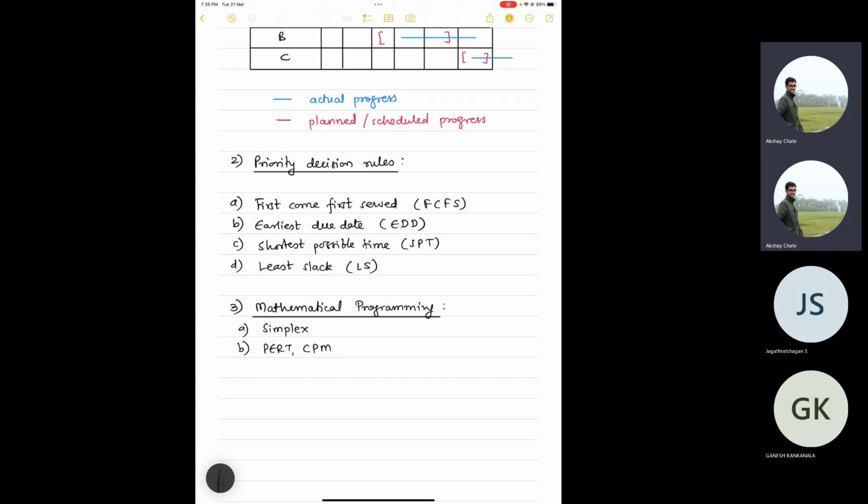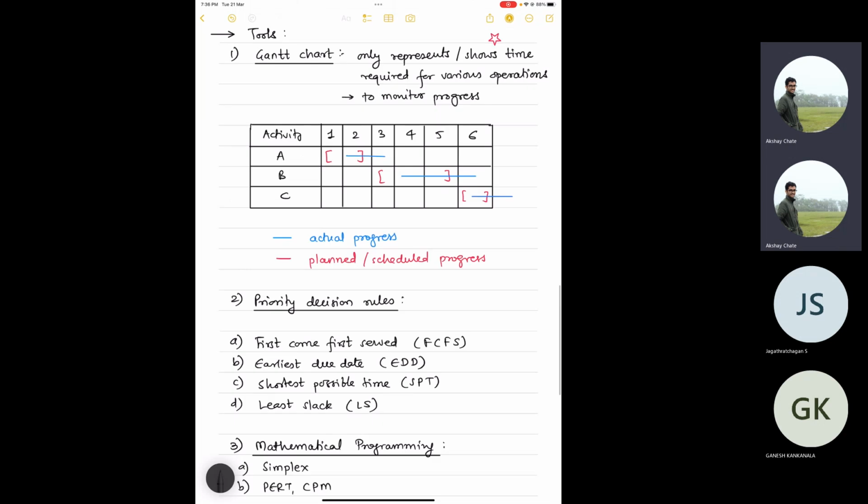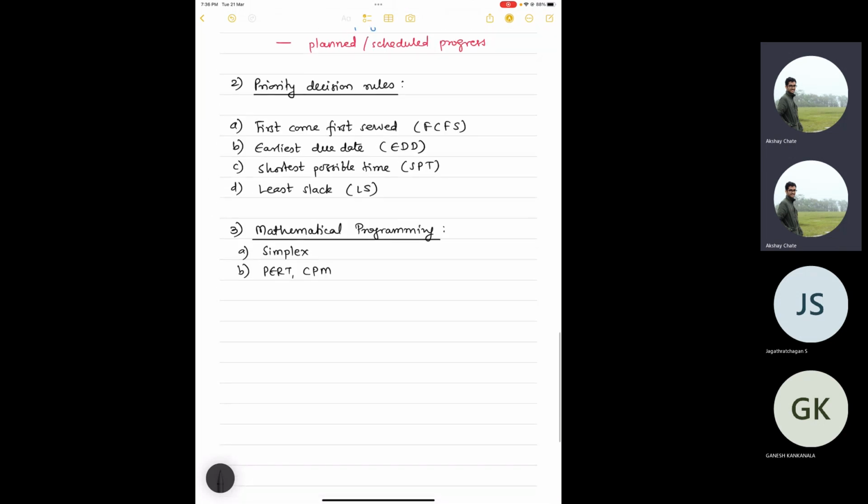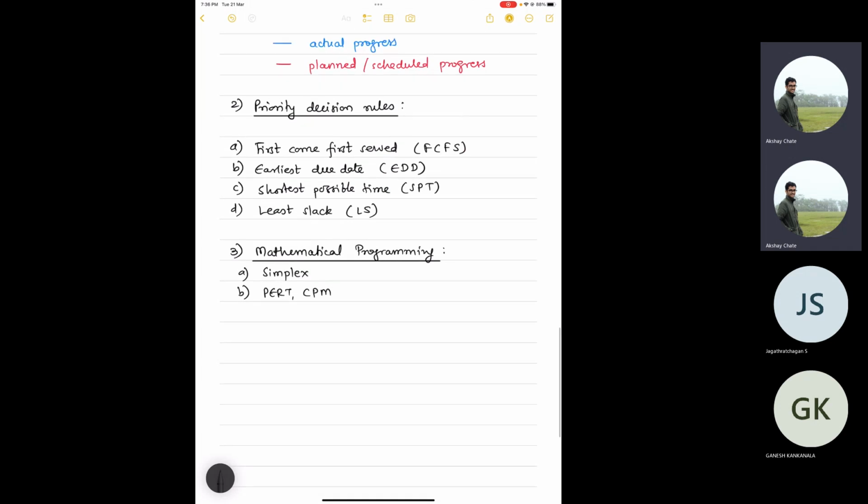Then apart from this, in theory, there is this concept called workloading. I'll not spend much time on it. I'll just advise you to go through it if you are interested, but you should at least know this term.